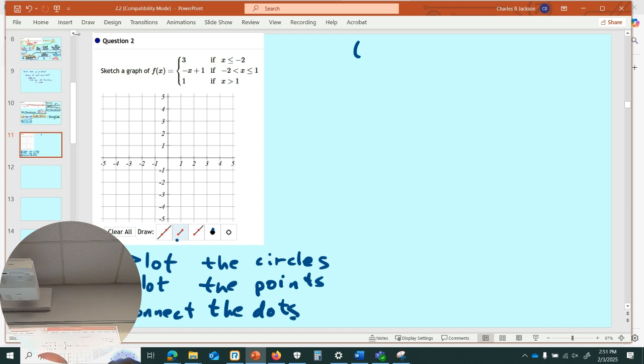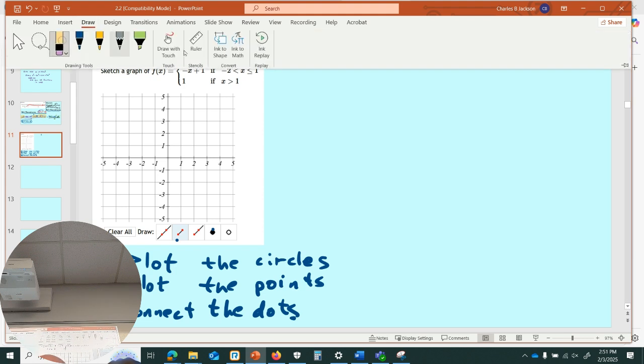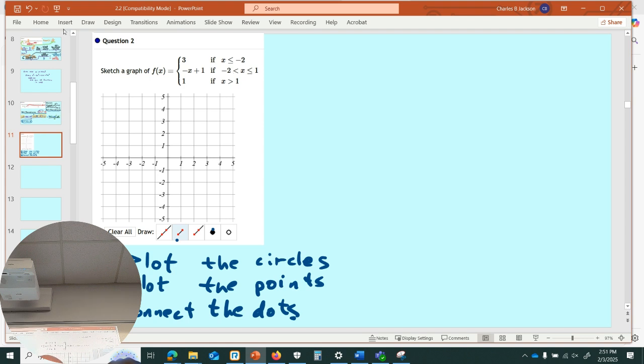So plot the circles. What we're going to do is look at those conditions, the ifs.